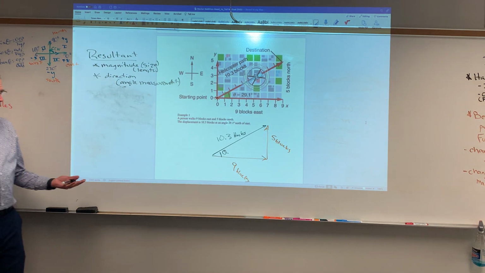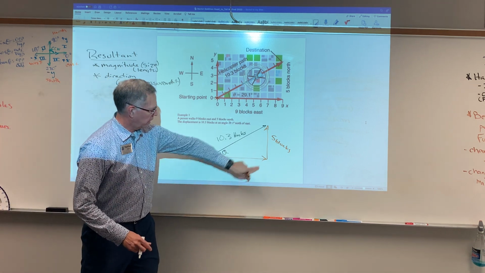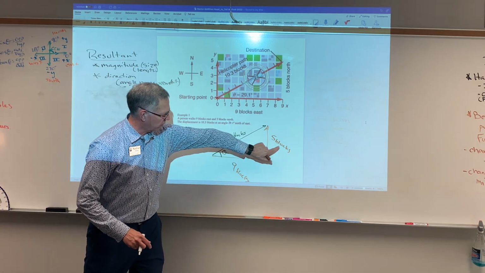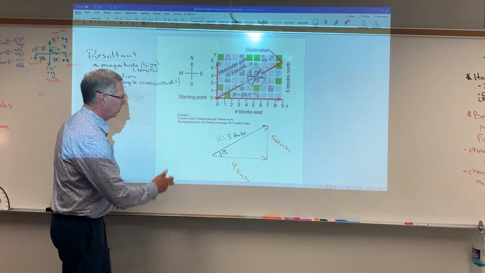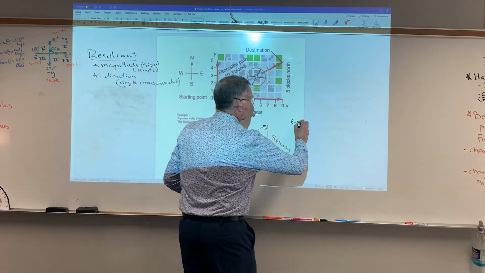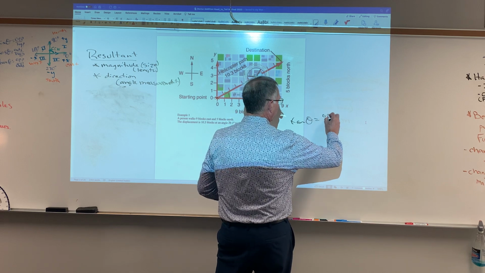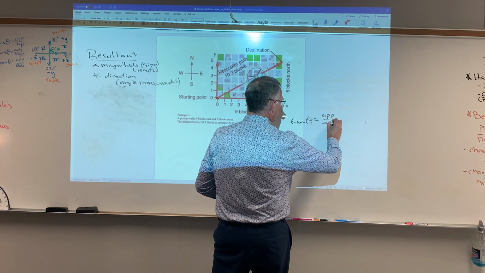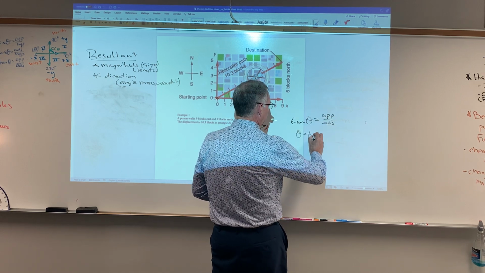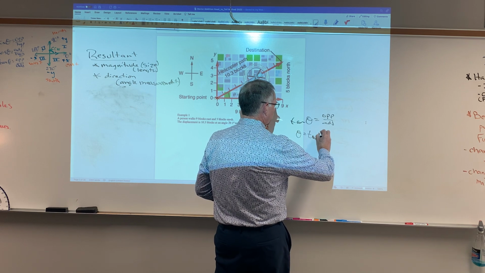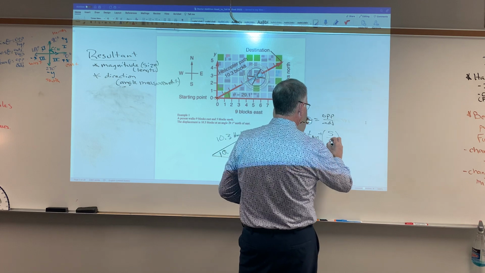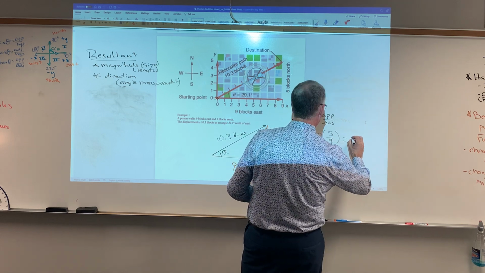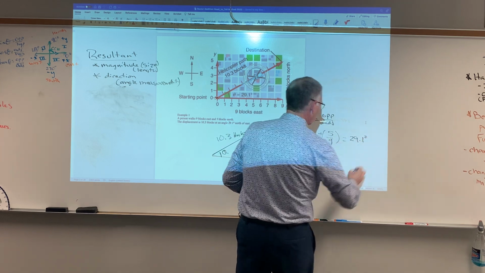Using trigonometry, I could use inverse tangent. I've got the opposite side and the adjacent side, and the tangent of that angle is opposite over adjacent. So the angle would be the inverse tangent of 5 over 9, which is 29.1 degrees.